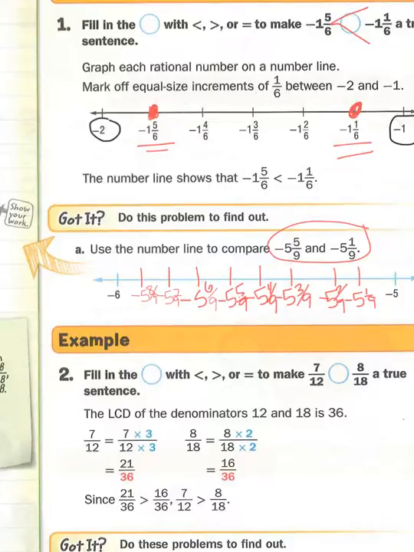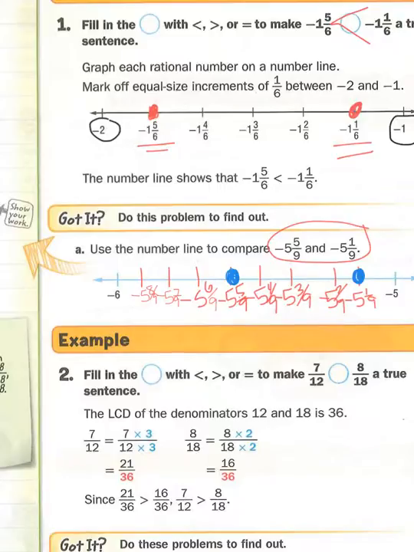So -5 5/9, I'm going to find that on my number line right there. When you guys do this, when you use GoodNotes, it's helpful to use that shape tool as well. That'll make your lines a little straighter, and your number lines will be a little neater than what mine is here. Okay, and then -5 1/9 would be right there. So that's what our graph looks like, and now we need to compare.